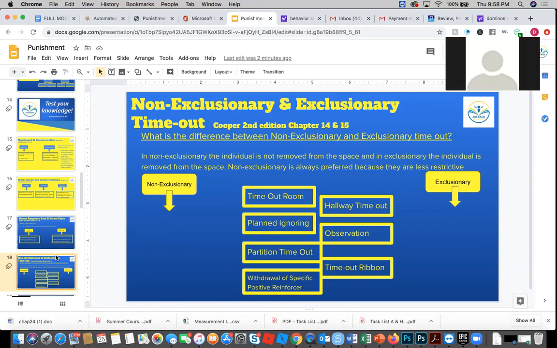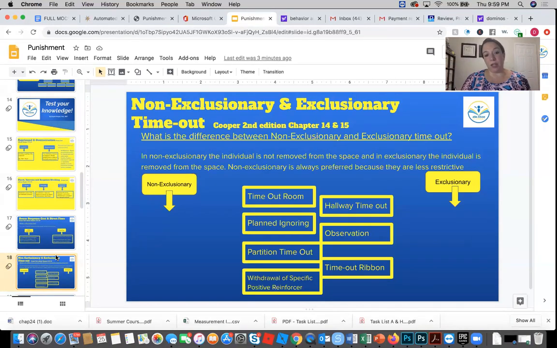Non-exclusionary. Correct, because they're watching, they're there, they're sitting there. Now if the PE coach says, you need to sit in the hallway, then that would be exclusionary because you're getting them out. They cannot watch their friends have fun. They cannot sit there. So that's where the difference falls.